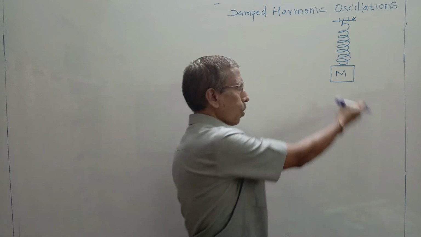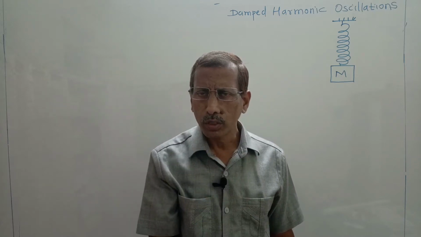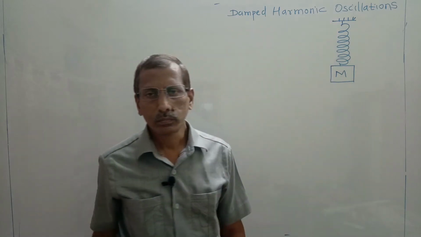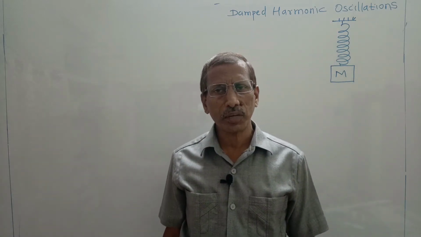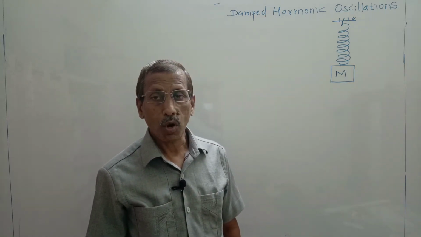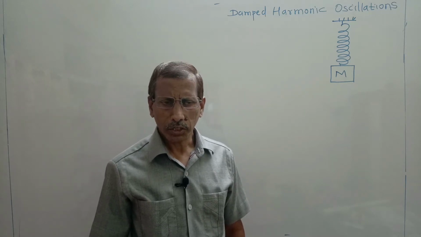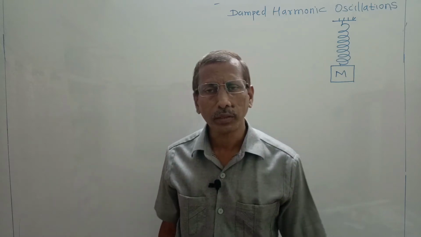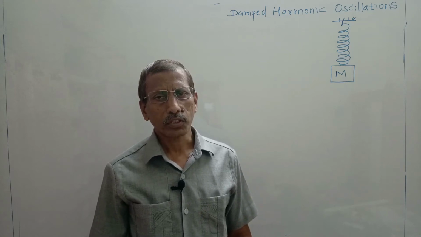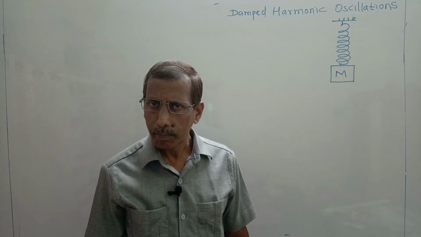When this block of mass m is pulled downward, there is an extension of the spring, and the spring has the elasticity property of shape, that is the modulus of rigidity. Due to this, a restoring force develops in the spring. Since it is attached to the block, the same restoring force develops in the block of mass m.